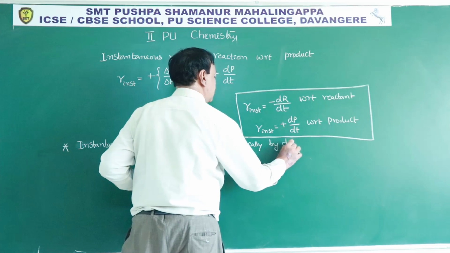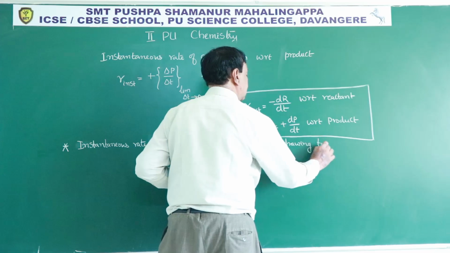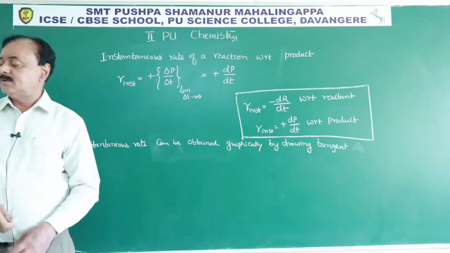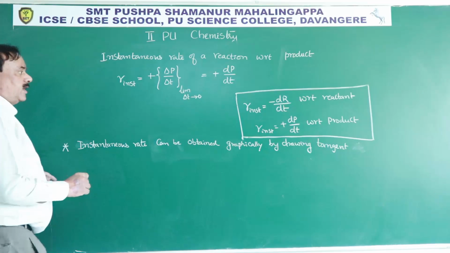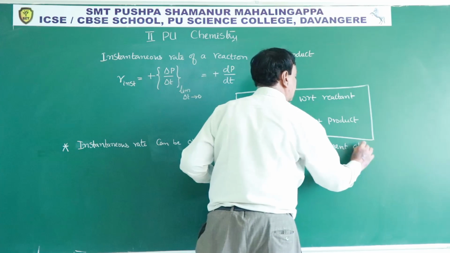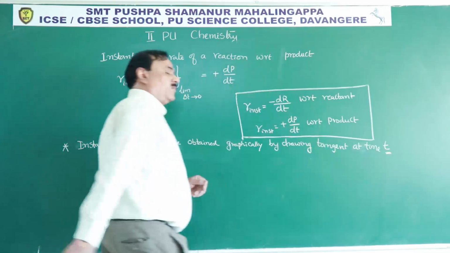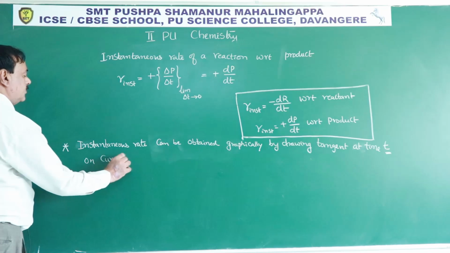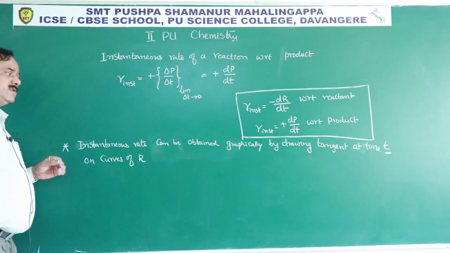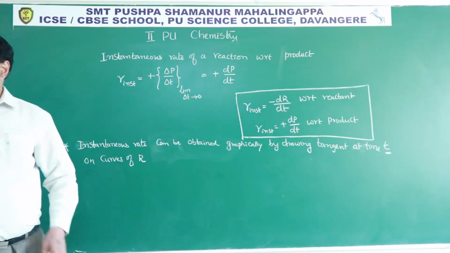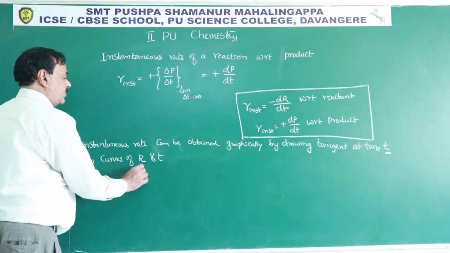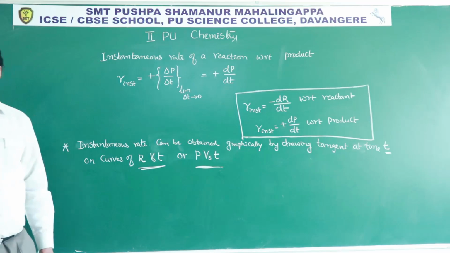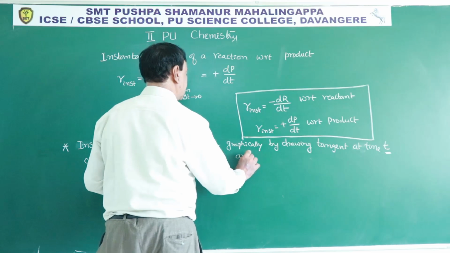By drawing a tangent at time t on the curves of reactant versus time or product versus time, and calculating its slope.